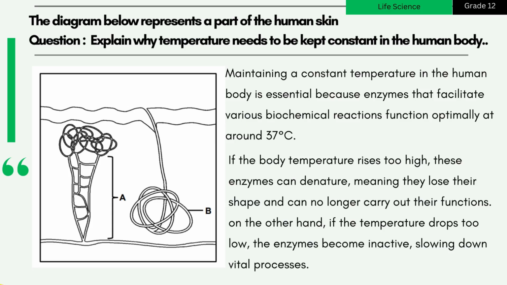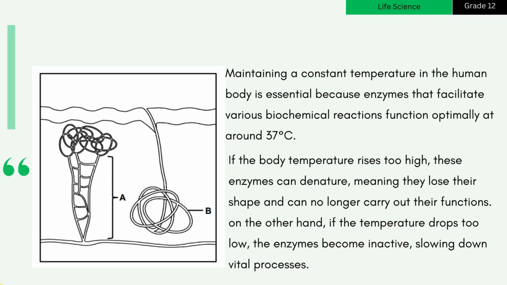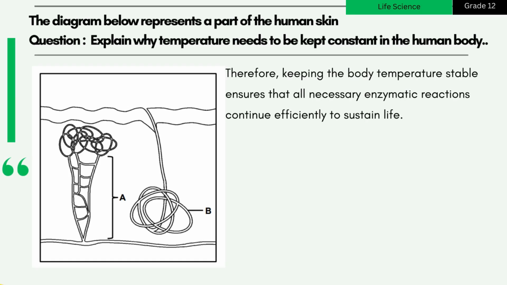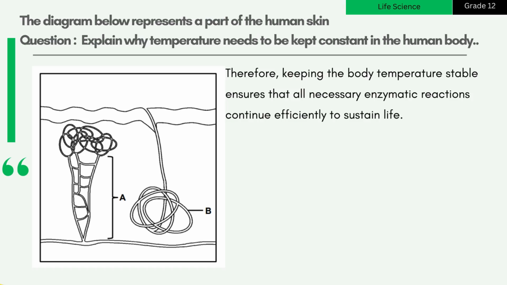If the body temperature rises too high, these enzymes can denature, meaning they lose their shape and can no longer carry out their functions. On the other hand, if the temperature drops too low, the enzymes become inactive, slowing down vital processes. Therefore, keeping the body temperature stable ensures that all necessary enzymatic reactions continue efficiently to sustain life.